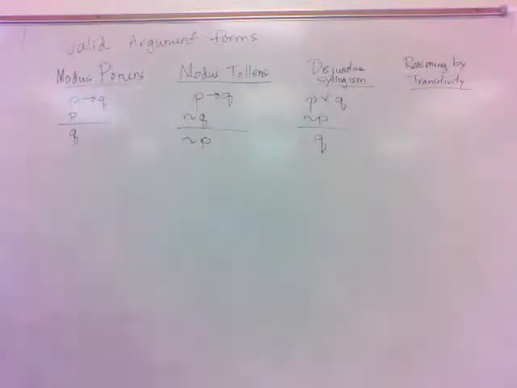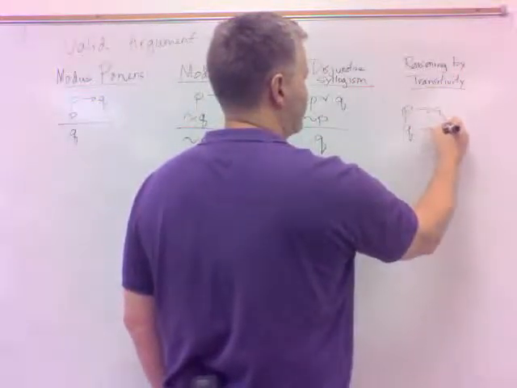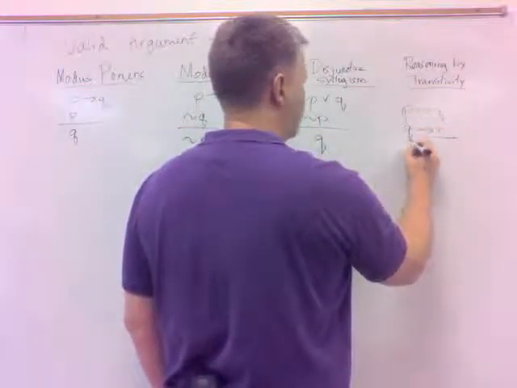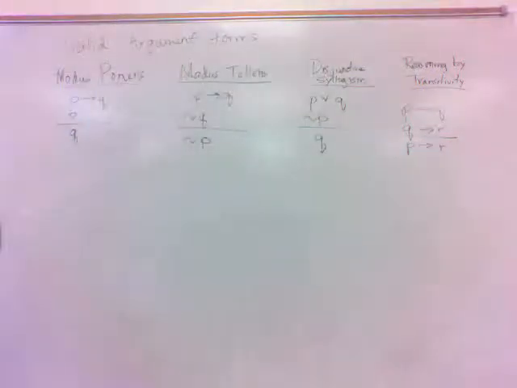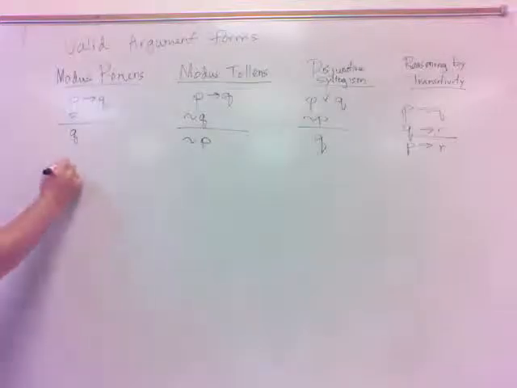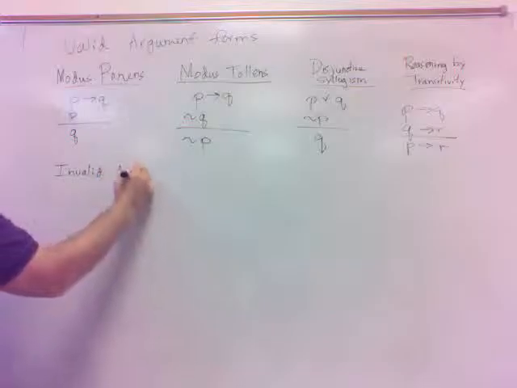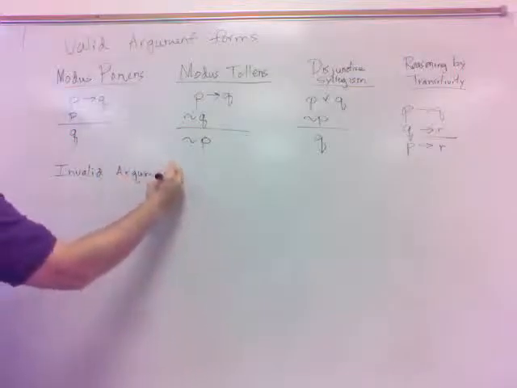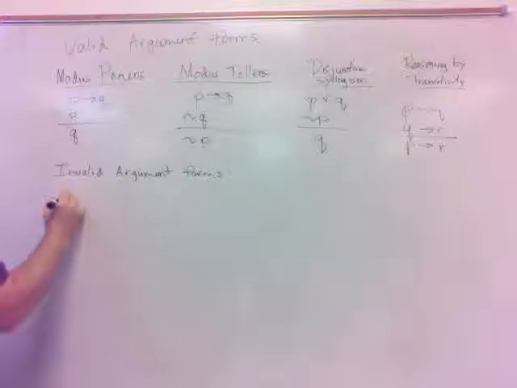Which goes P arrow Q, Q arrow R, therefore the conclusion P arrow R. Those are the four shown on that table, right? Well, there's also a couple of invalid argument forms. Two of those. What's the first one?